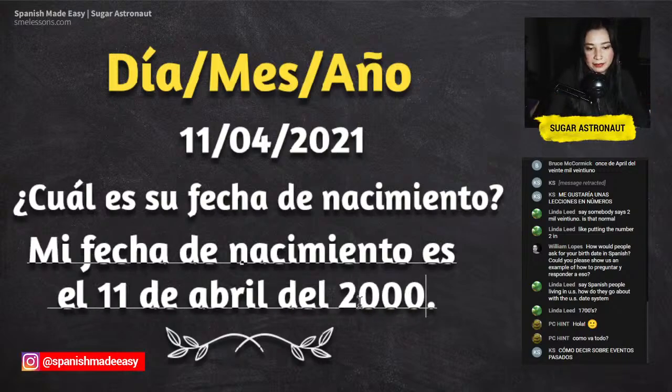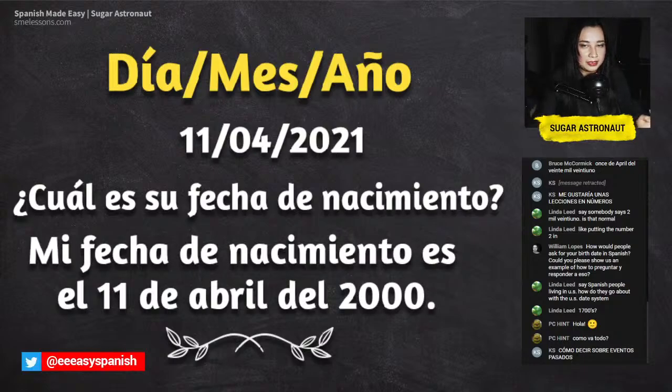It's something peculiar, something different, but essentially that's how it works in Spanish. I don't know if that answers your question, William. But you can say mi fecha de nacimiento es, if that's a formal way to say your birthday, or you can say mi cumpleaños es el, and then you say the date. Okay?